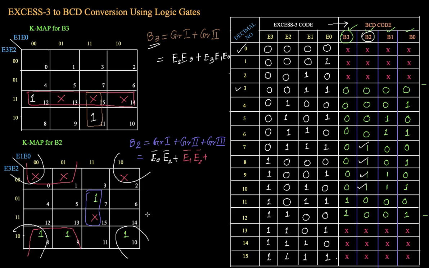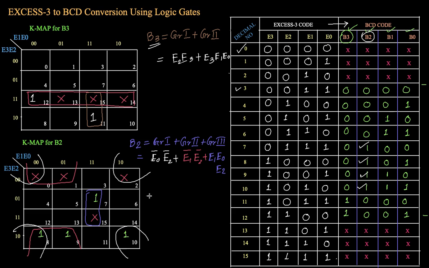Plus in group 3 we change the color. In group 3, E1 and E0 are the same and are 1, so we cannot take bar, so E1 E0 as it is. And here E3 is 0 1 and E2 is 1 1, that means E2 is also 1, so the output is E1 E0 and E2.